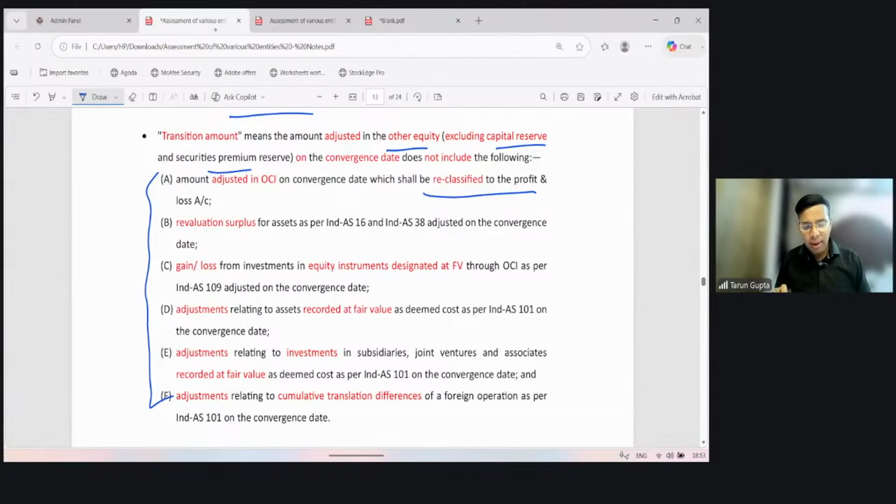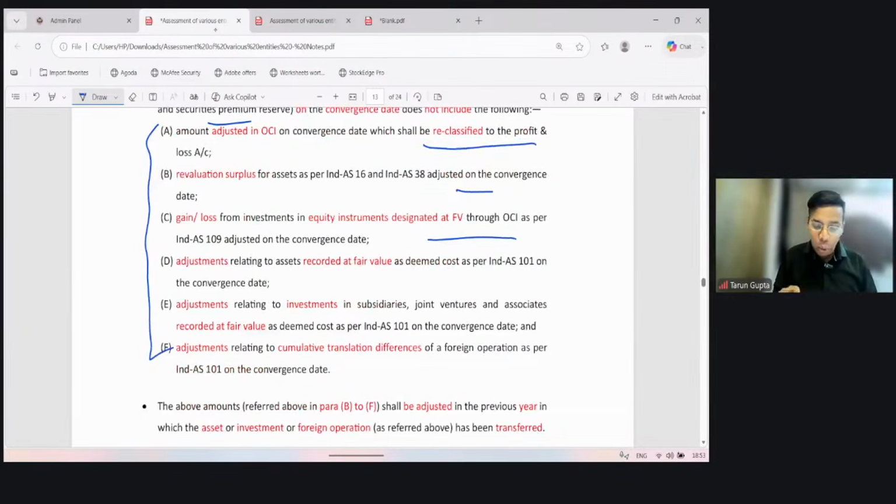Revaluation surplus of asset as per Ind AS 16 and 38 adjusted on conversion date, or gain or loss from investment in equity instrument designated at fair value through OCI as per Ind AS 109. Adjustment relating to asset recorded at fair value as deemed cost as per Ind AS 101.